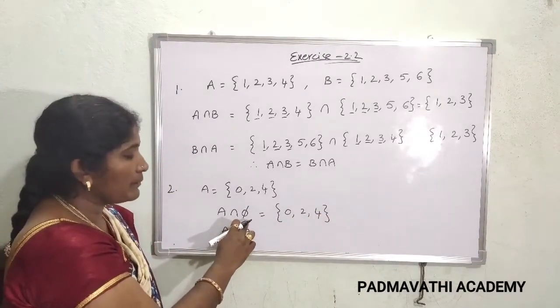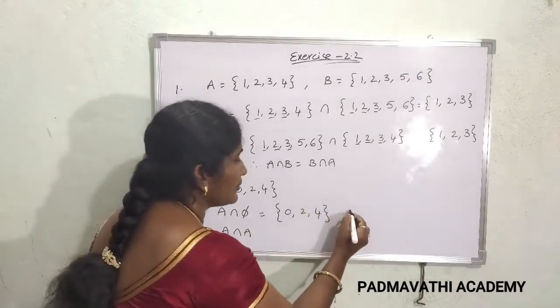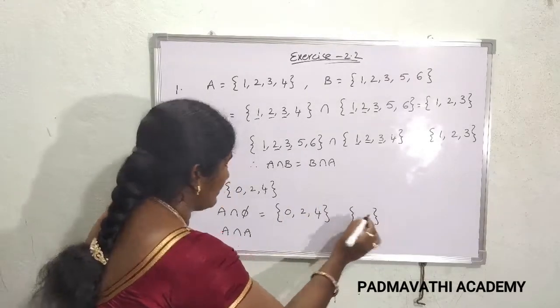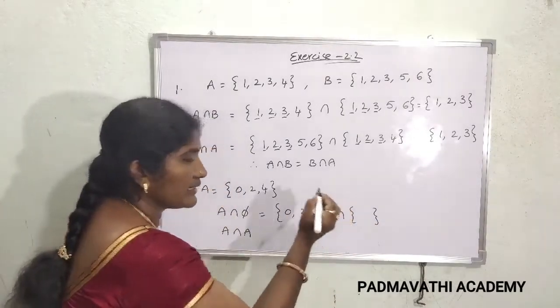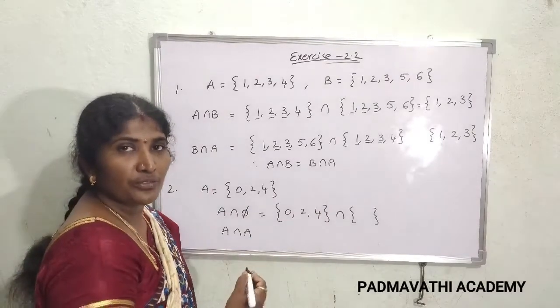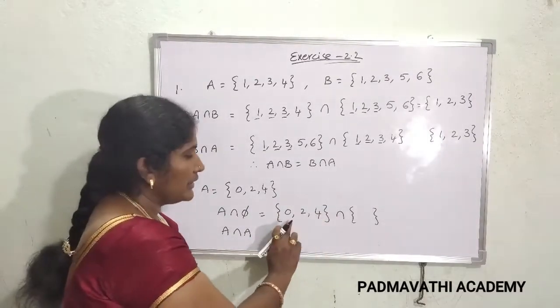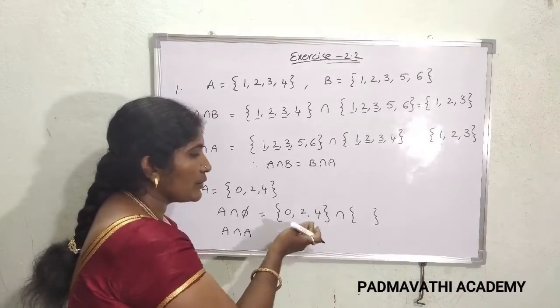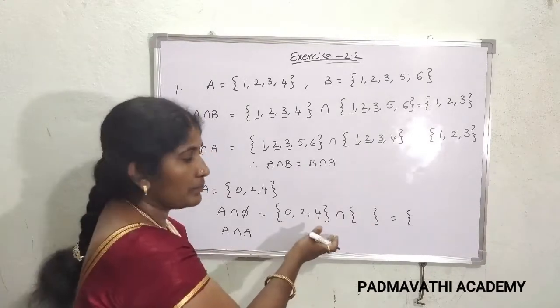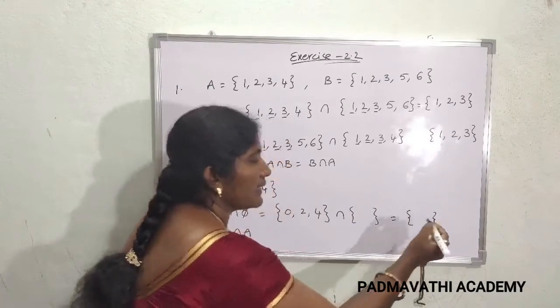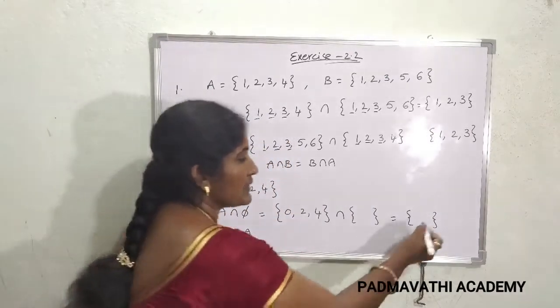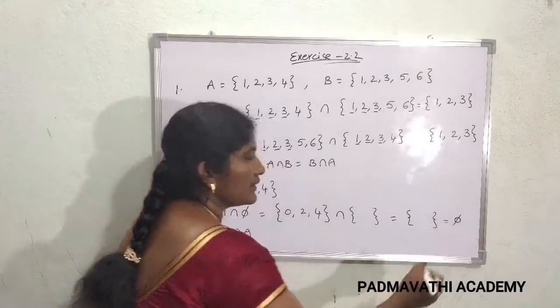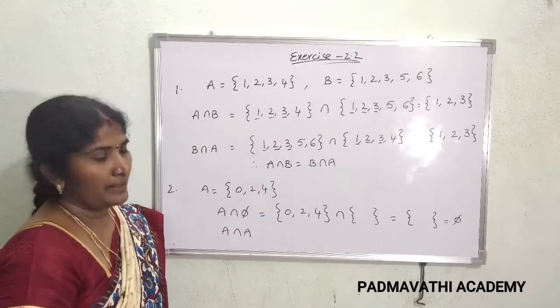Before also I told, phi means null set, the set which has no elements. For these two we want to find the intersection. Intersection means we want to write common elements. Here 0, 2, 4 are there, here no element. So there are no common elements. That means it is null set. Null set is denoted by phi.